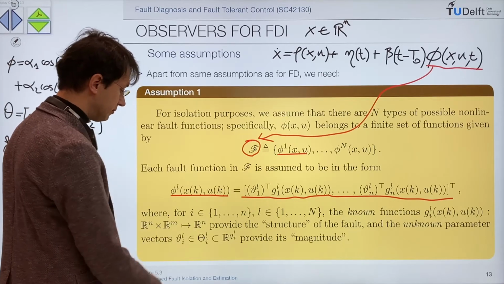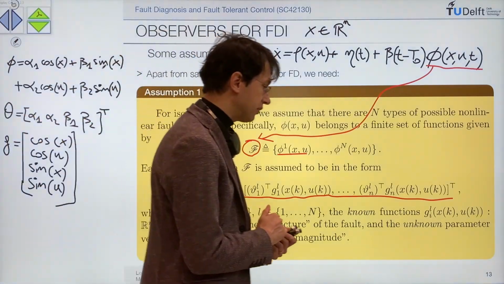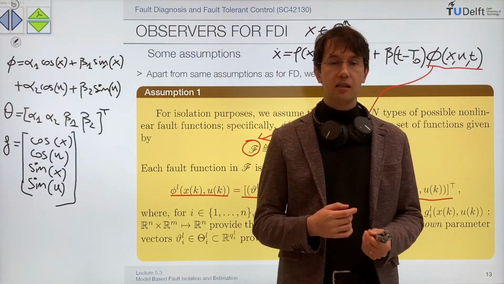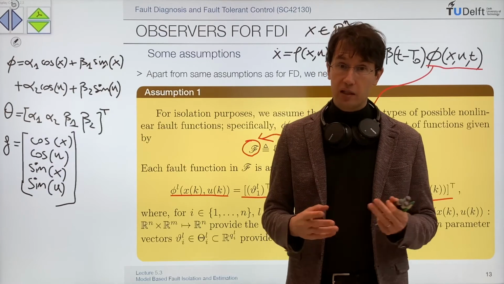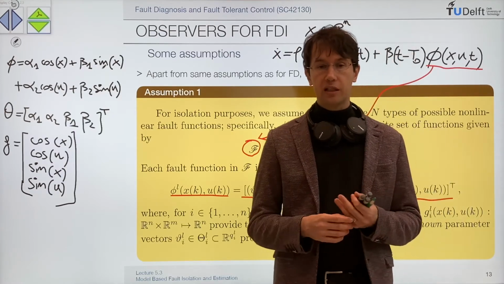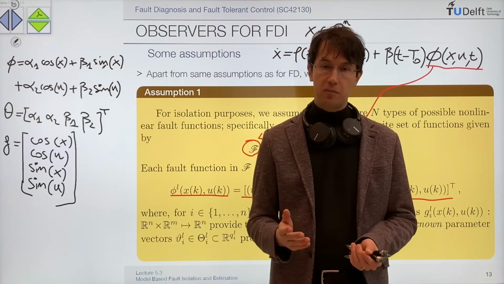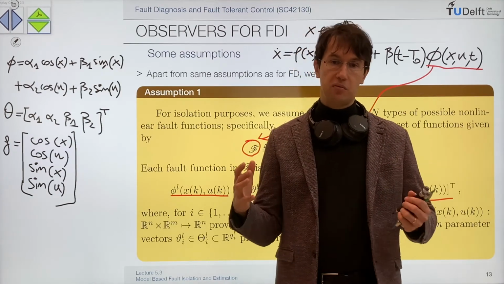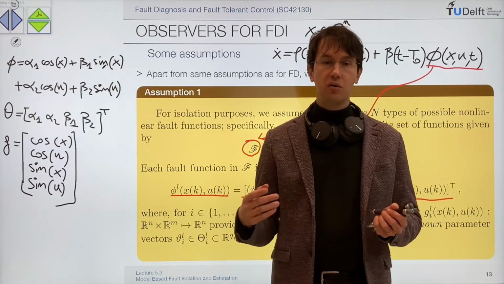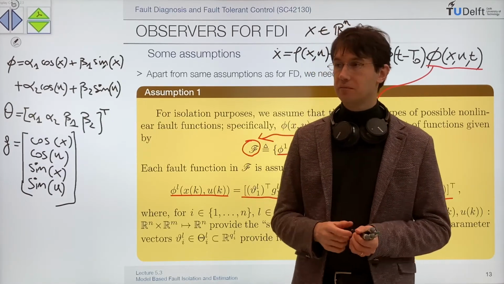big theta. And this domain for the parameters is describing what are the possible magnitudes of the fault for that specific fault. So you don't assume that a given fault can have any possible magnitude. There is a maximum one that makes physical sense. And you know that there is no way that you have a fault bigger than that.